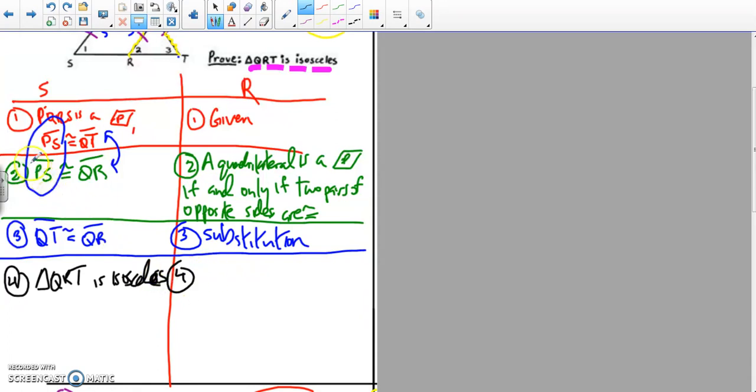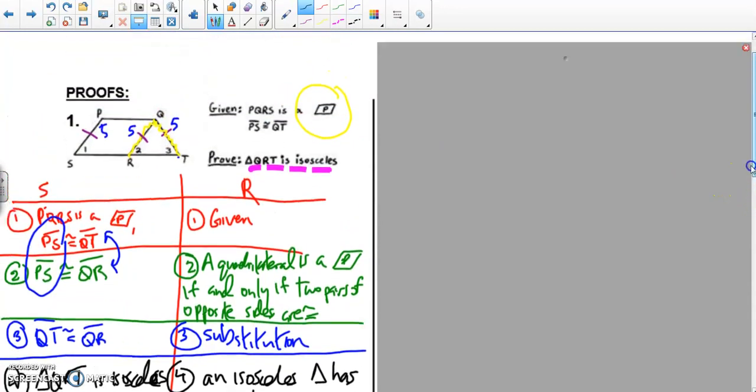The reason we know that's true, we just proved it, first of all, but we know that those two sides were congruent. And an isosceles triangle has two sides that are congruent. So we're done. We have nothing left to prove. We did what we came to do, and we're done with that proof.